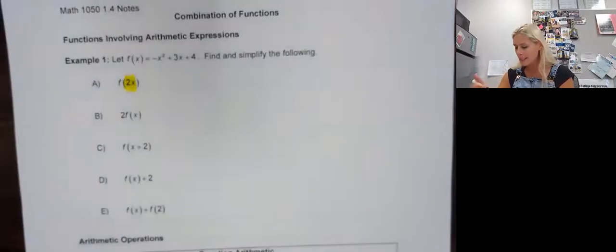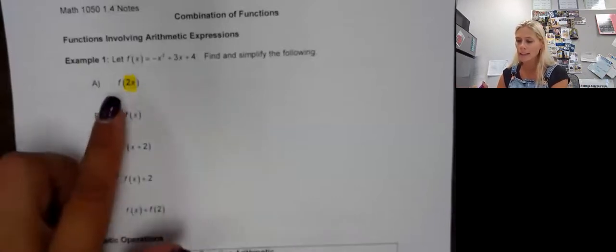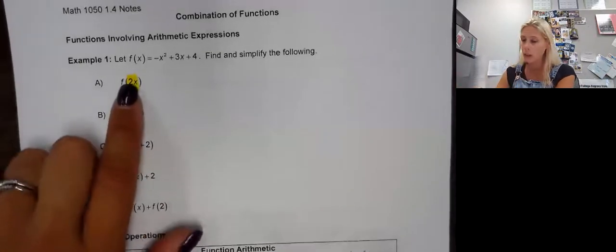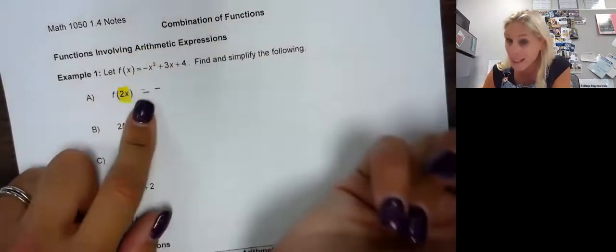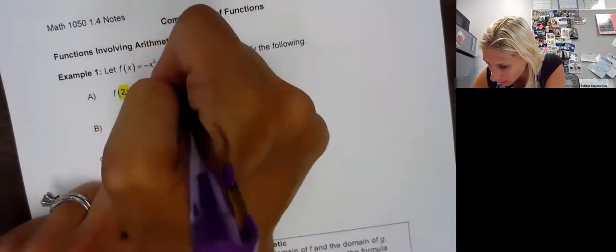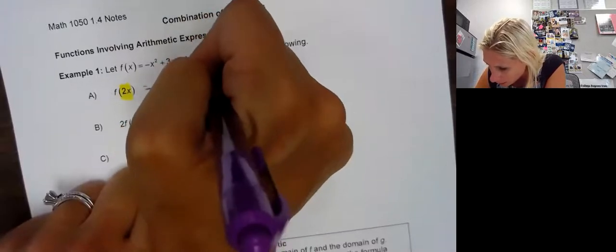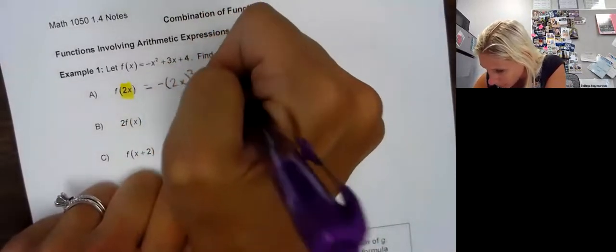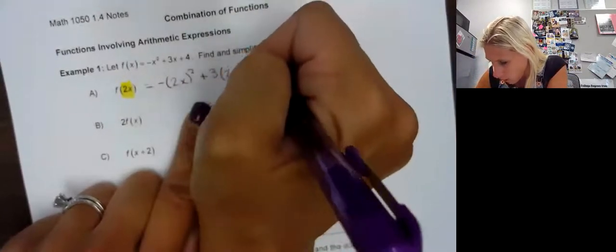So the idea is that every x I see in f of x, I am going to replace it with 2x. So I have negative, and now remember, instead of x, I'm going to put this 2x in there, squared, plus 3. Now instead of x, I have the 2x plus 4.